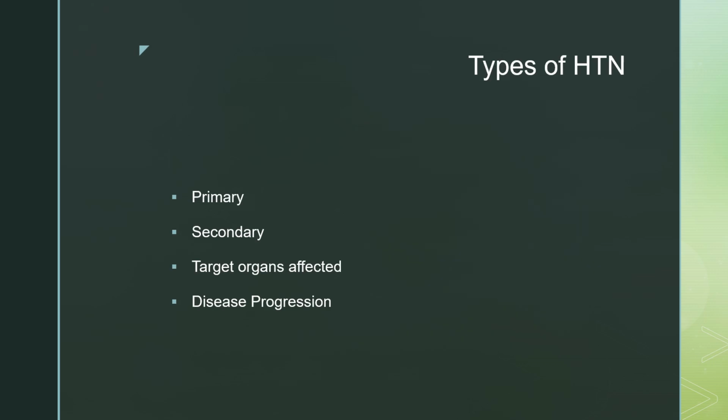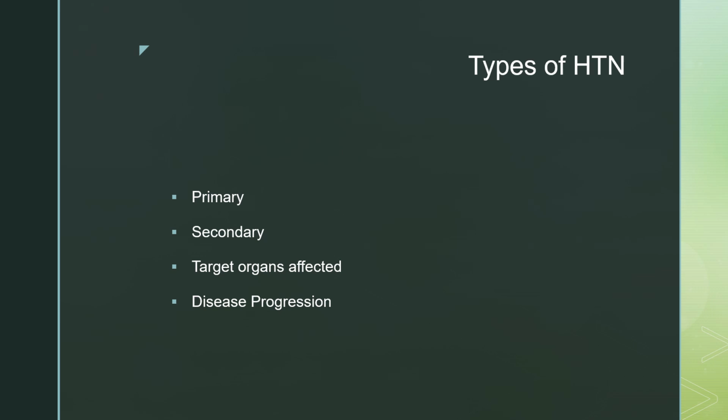So primary hypertension has no identifiable cause. However, with secondary hypertension, the cause can be identified. Some examples of causes of secondary hypertension could be Cushing's syndrome, hyperthyroidism, chronic renal disease, and certain medications.